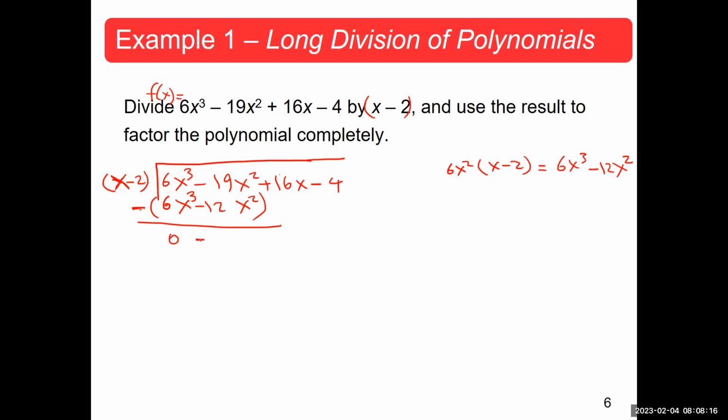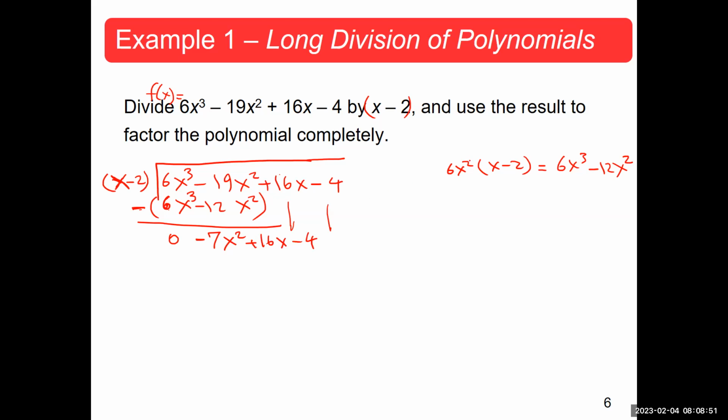You're going to get negative 7x squared. Again, we are subtracting. Now move everything down, whatever is left, plus 16x minus 4. We have to repeat this.